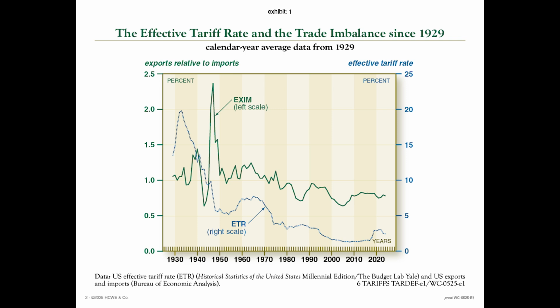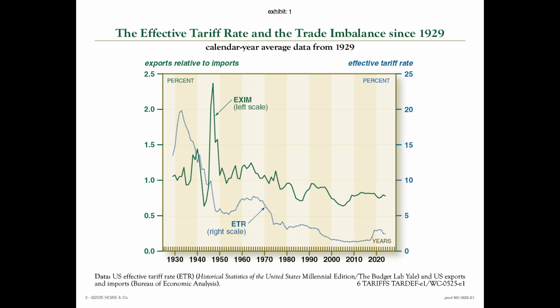Now we can look at the effect of the ETR on the ratio of exports to imports, which I call XIM. We can see it in this graph, and then we can analyze it statistically.